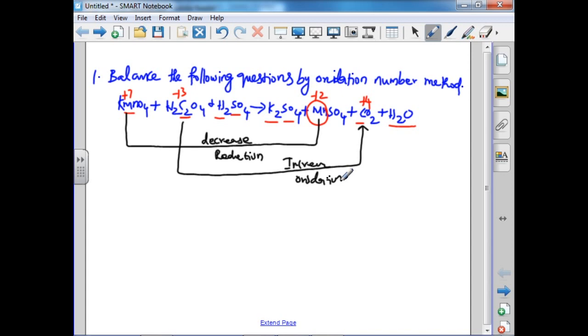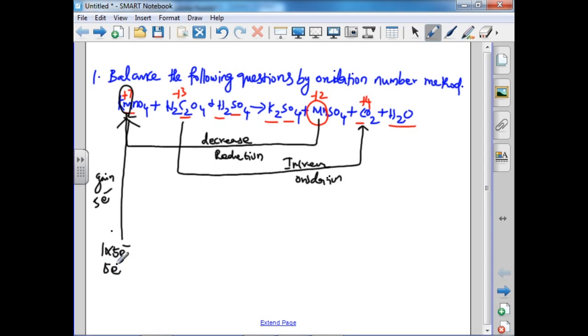The oxidation number of Mn in KMnO4 changes from +7 to +2, so it gains 5 electrons. That is only 1 atom, so 1 atom multiplied by 5 electrons, so 5 electrons.